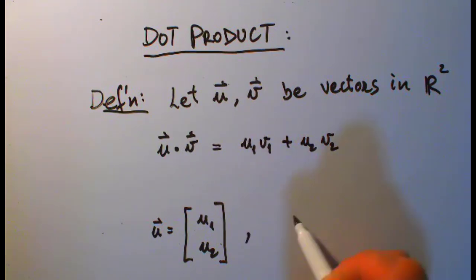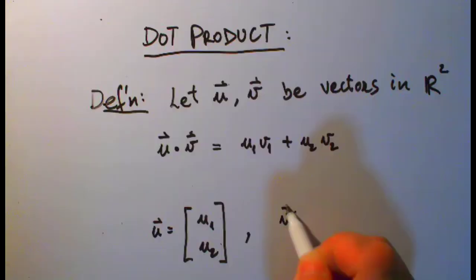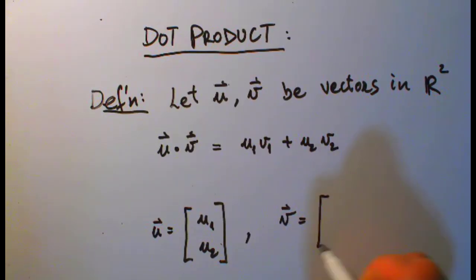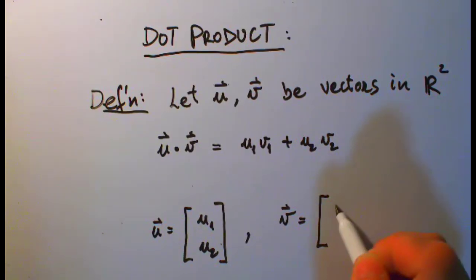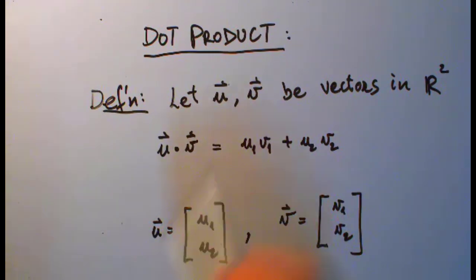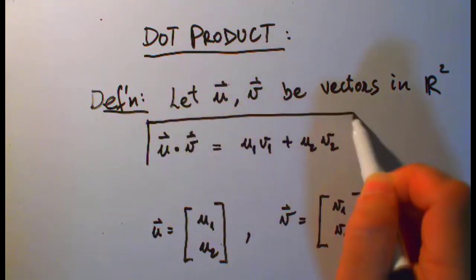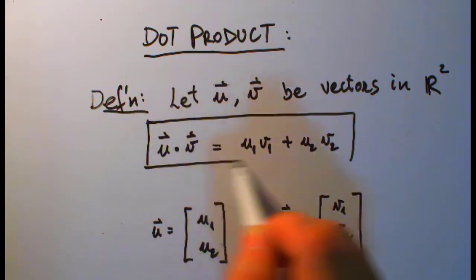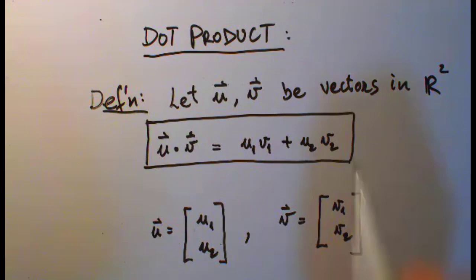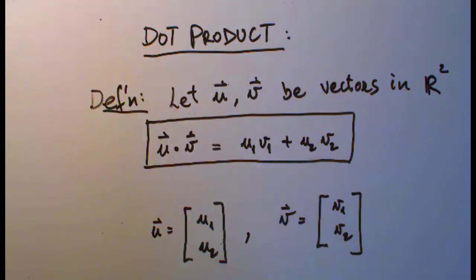And v1, v2 in this definition are simply the two components of your vector v right here. So vector v is written as v1 and v2. Back to this definition, we define the dot product between two vectors in R2 as the component-wise products of component 1 and component 2 added together.